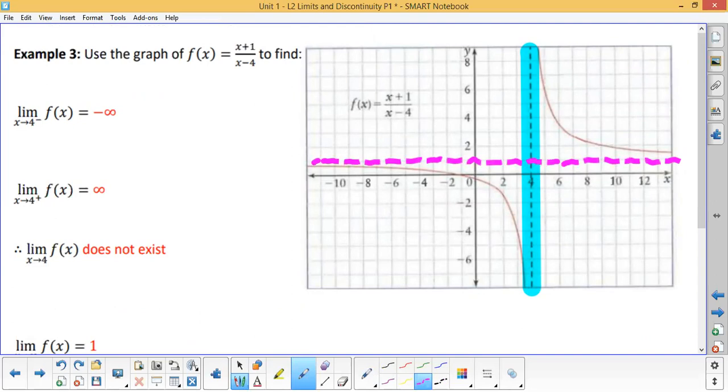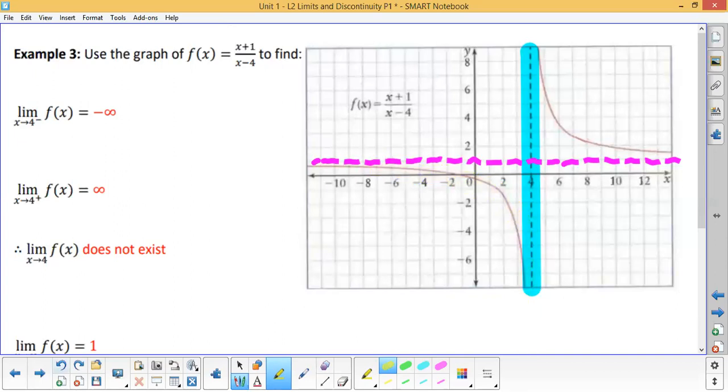Now, our asymptote is at 4, and I need you to watch this very carefully as I highlight. As x approaches 4 from the left, you can see that we're not tending towards an actual y value, but we're going to continue moving on towards negative infinity. So as we are approaching from the left, our y values are approaching negative infinity.